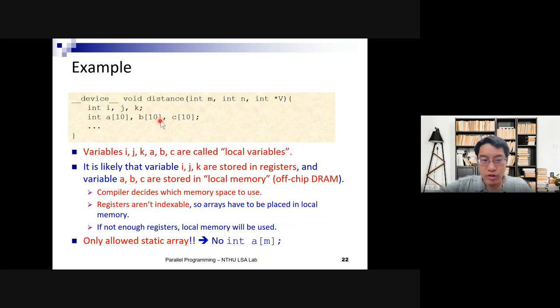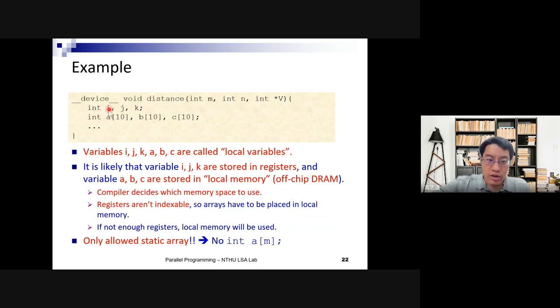That's why we don't recommend writing code like this. You should try to avoid it. Another thing about arrays: in CUDA kernel functions, they only allow static arrays. Because GPU is almost purely managed by hardware, it cannot handle dynamic or complex logic, which would make the hardware too complicated.